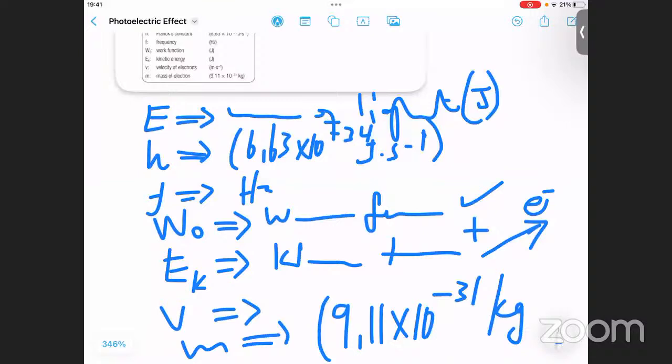Very lightweight, meaning it's a very small mass. A small mass that the light needs to eject. That is why the sun is able to emit those electrons. Why? Because it's just lightweight, honorable members.